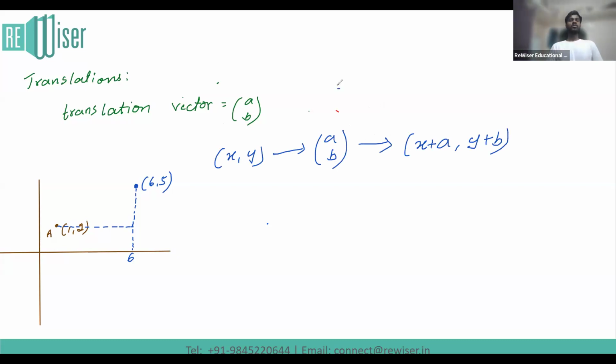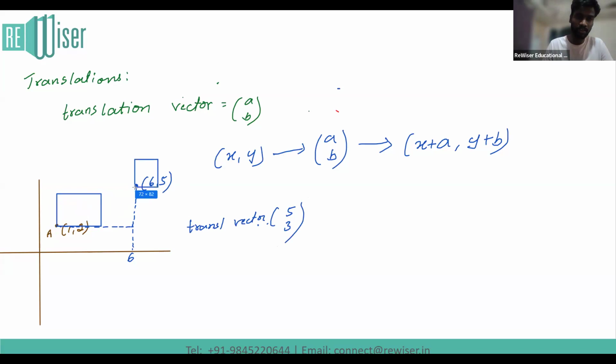We can also talk about translation of a shape instead of a point. Suppose I have a triangle, a square or a rectangle, and I want to move this rectangle by a translation vector 5 and 3. That means this entire shape should move 5 units to the right and 3 units up.